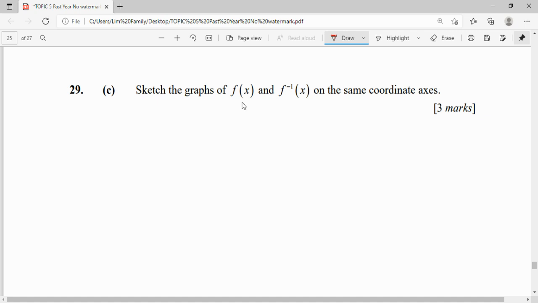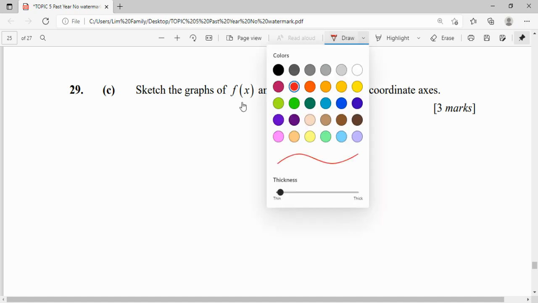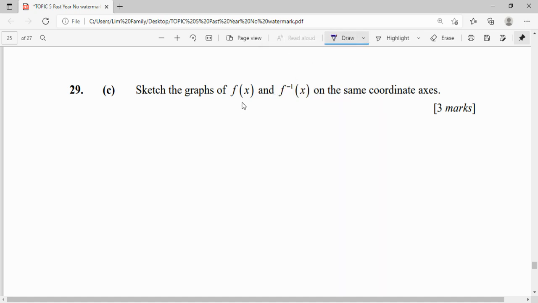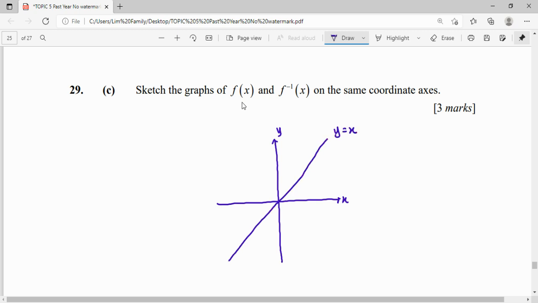So first of all, we have to draw our function f(x). Make sure we draw our x-axis properly, y-axis, and the axis of reflection, which is y equals x.